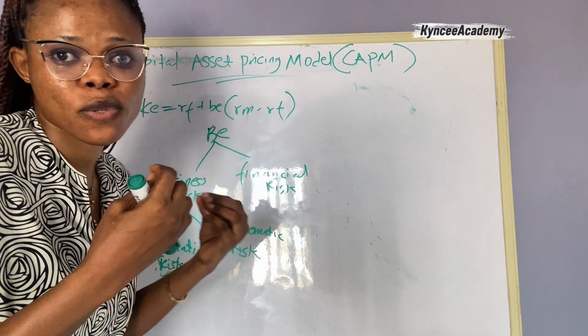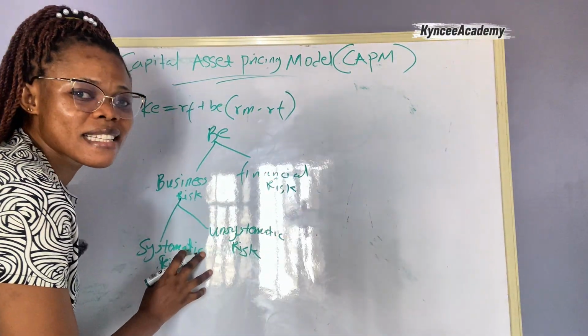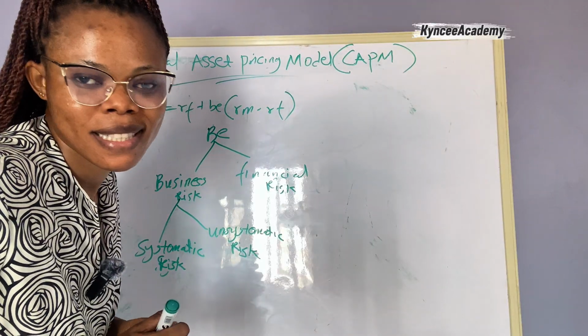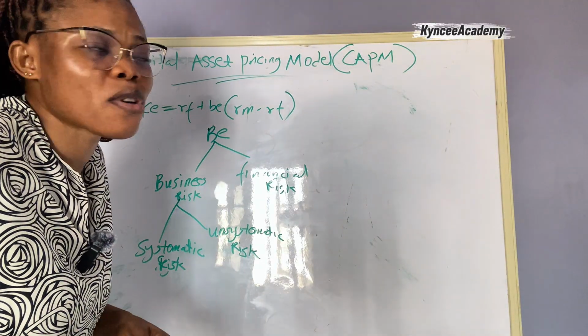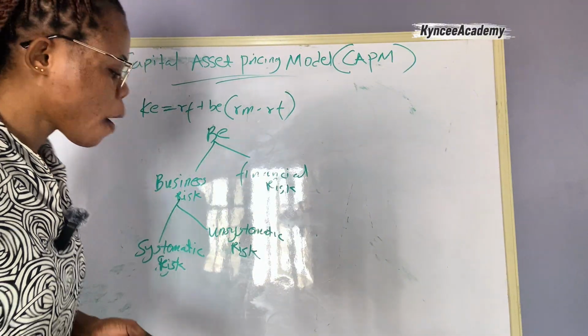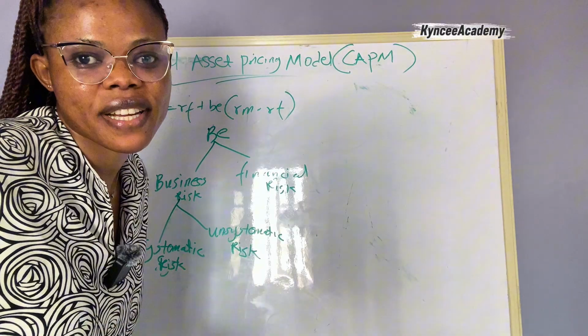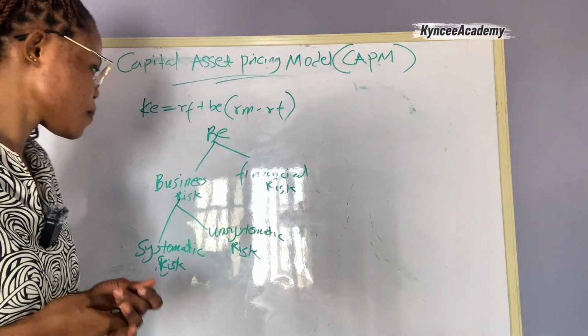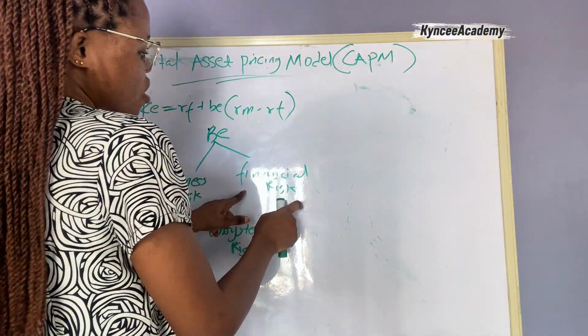So these systematic risks are unavoidable. They cannot be avoided, but you just have to find a way to manage them because they affect everybody in the industry. But unsystematic risks can be avoided. Yes, you can avoid them. That now leads us to the other type, which is financial risk.